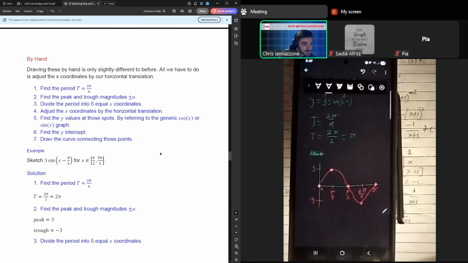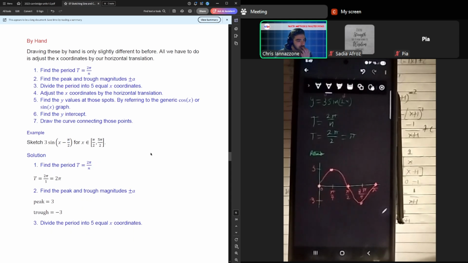So in this case, we have a shift right by pi over 2. Every single one of those x values that we found in this example are going to get shifted forward, or to the right, by pi over 2. But otherwise, almost everything else is the same.